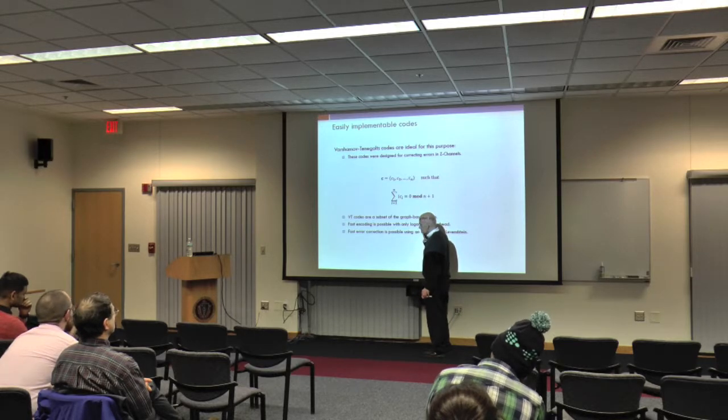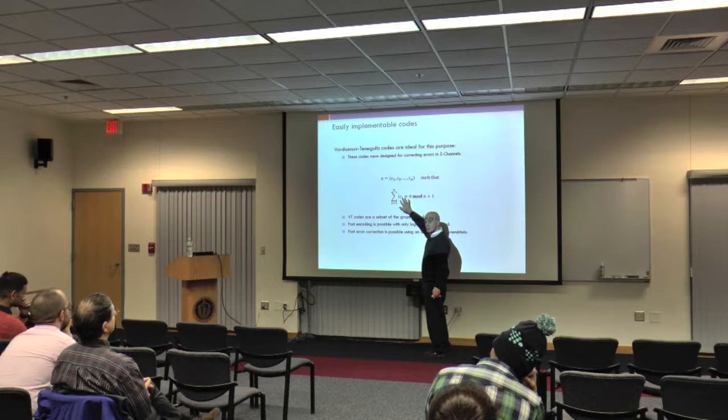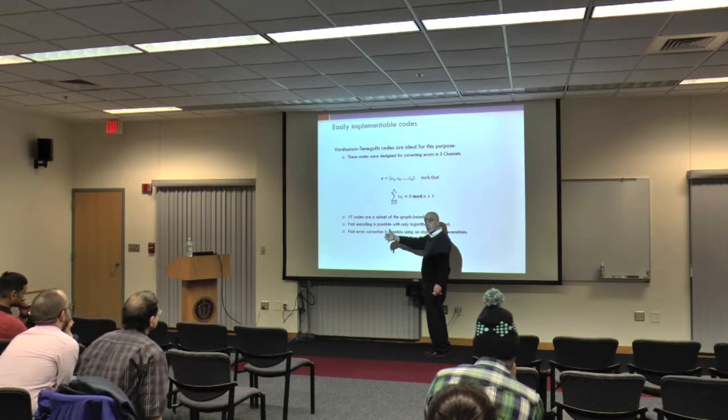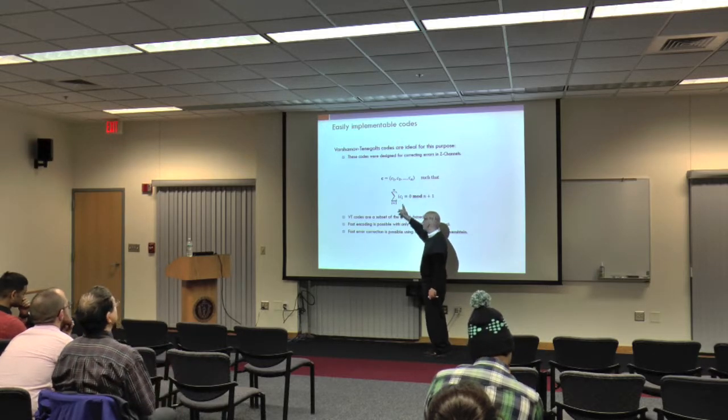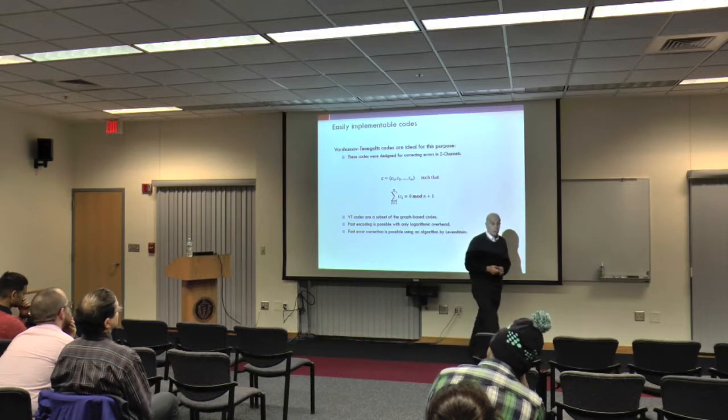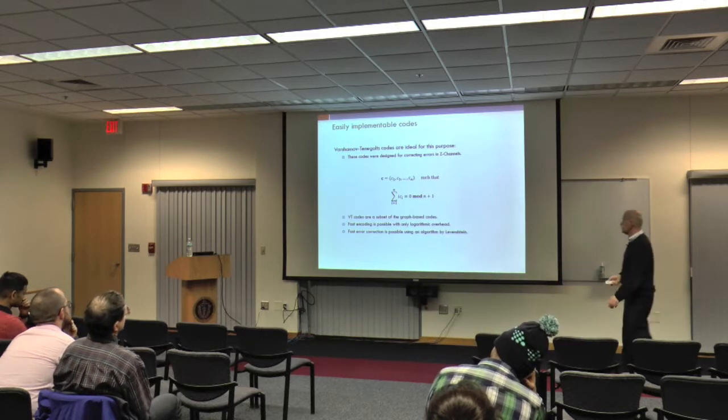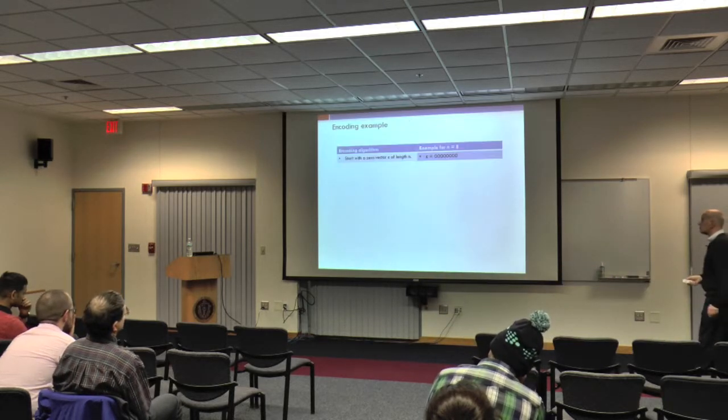So, I'm sorry, we're going to hold out those coefficients that are powers of 2. We're going to put the data in the remaining ones, and then we're going to have a parity thing to calculate, and we're going to be able to do that with the powers of 2 that we've kept out. So that's how we encode.